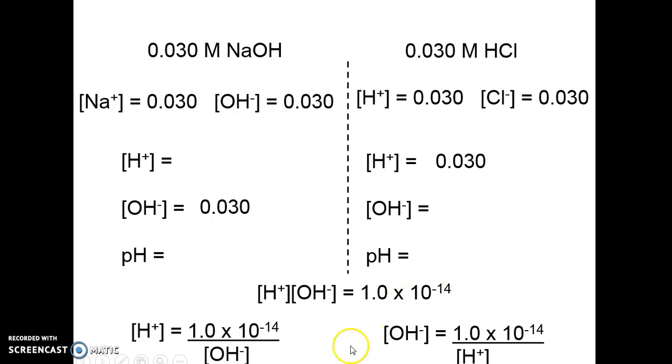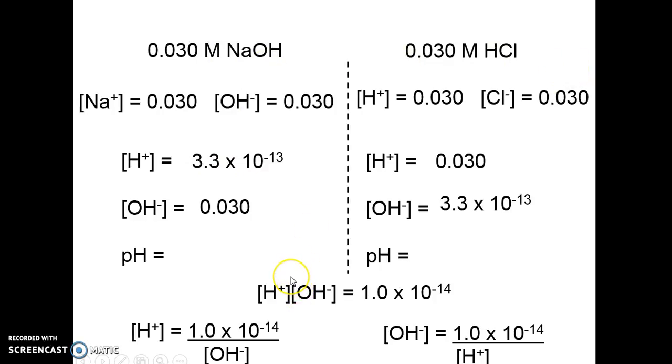But they're rearranged differently because here I'm figuring out my proton concentration. Here I'm figuring out my hydroxide concentration. I plug 0.03 in and I get that number. Here I plug 0.03 in and I get that number. You see how everything's opposite depending on whether it's a base or an acid?